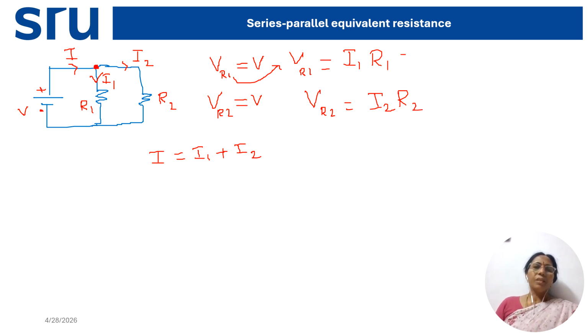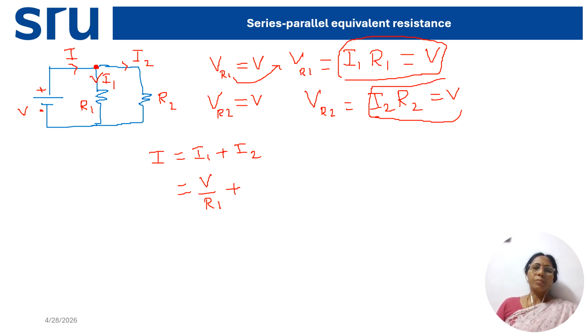Here VR1 is the same as the source voltage and VR2 is also the same source voltage V. Now I write the current I1 from this equation: I1 equals V by R1. And I2 can be written from this equation: I2 equals V by R2.